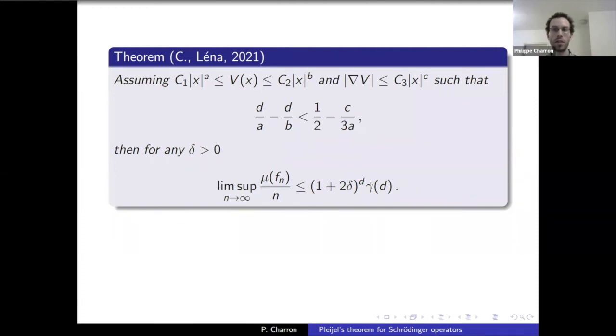Now, the cool thing is that these estimates, except for this little part, do not depend on delta. Everything else is constants which can be taken away from delta. So you just have this term here, which does not play with everything else. So at the end, we can take the limit as delta tends to 0, and then we get exactly Pleijel's constant.